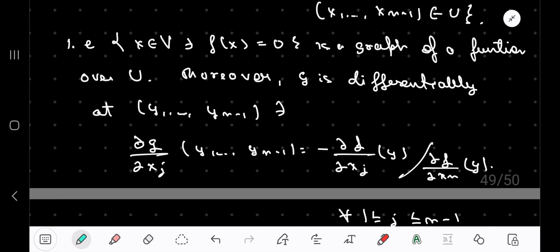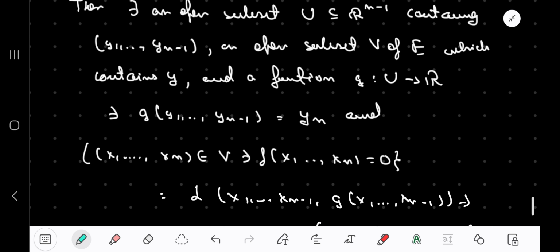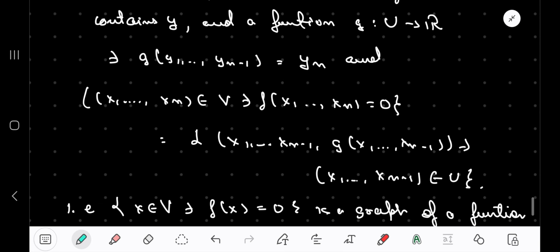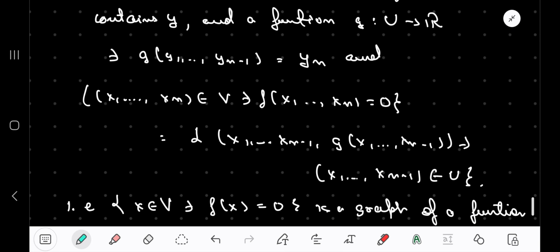In that case, we will take the subset U in R^(n-1) to contain all the other coordinates rather than the jth coordinate, and xn, or yn, can be replaced by the jth coordinate. So this in general can be talked about for any particular coordinate of the vector, but this is a simpler case to talk about.